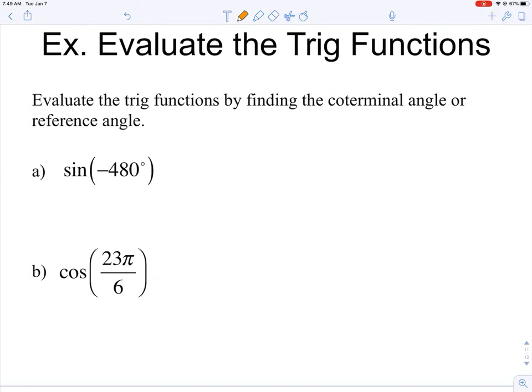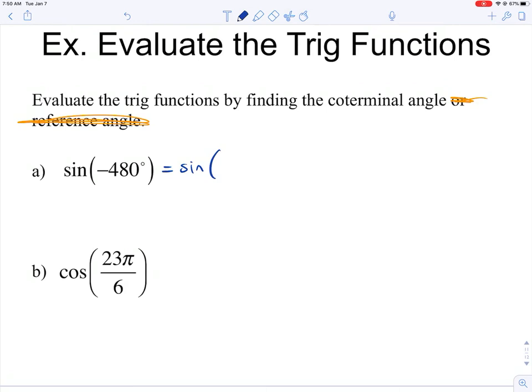All right, so we're going to evaluate the trig functions by finding the coterminal angle or the reference angle. Like I said, let's just think about finding the coterminal angle. It's a lot more efficient. All right, so to find sine of negative 480 degrees, and you should show your work the same way that I am.